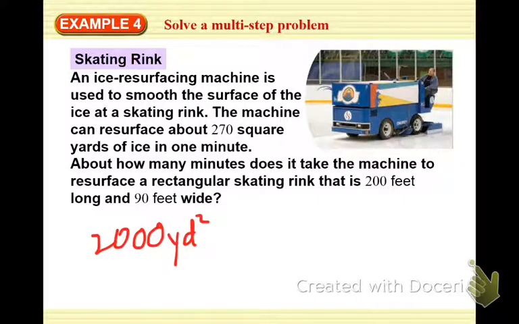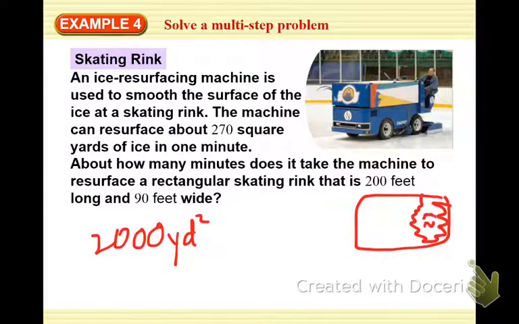Okay, so we've got our ice rink here, right? The machine starts, and it goes back and forth and back and forth, and it covers this area, and that's 270 square yards. That takes 1 minute, right? So it continues on and it makes these rectangles of 270 square yards.